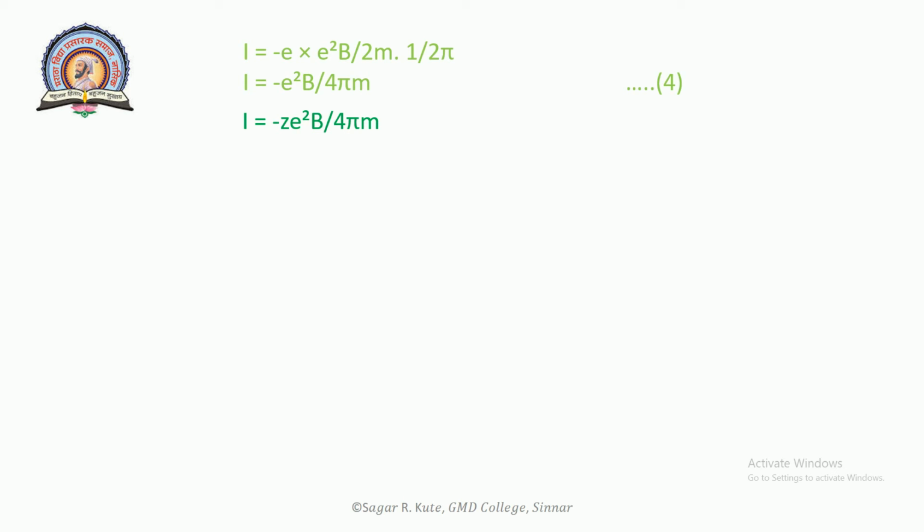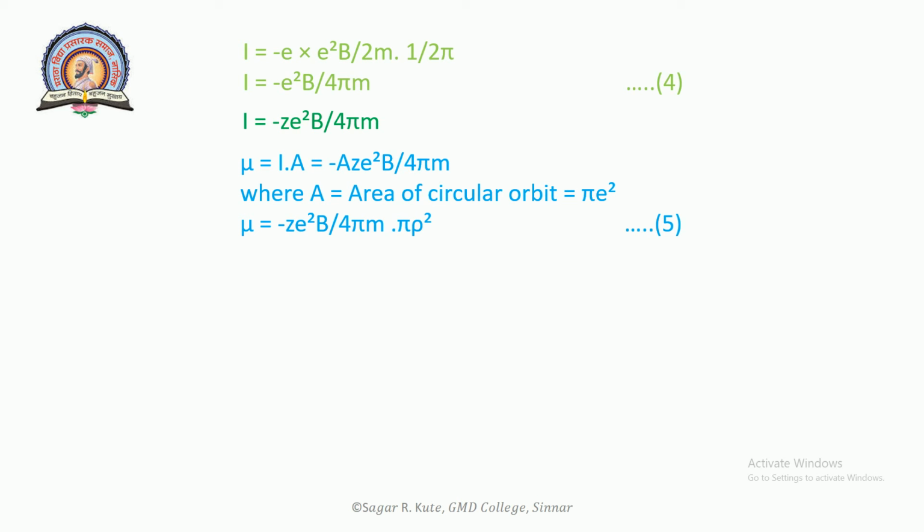Now the magnetic moment mu is equal to I into A, that is minus A Z e square B upon 4 pi m, where A is the area of the circular orbit, that is A is equal to pi rho square. So mu is equal to minus Z e square B upon 4 pi m into pi rho square. This will be equation number 5.